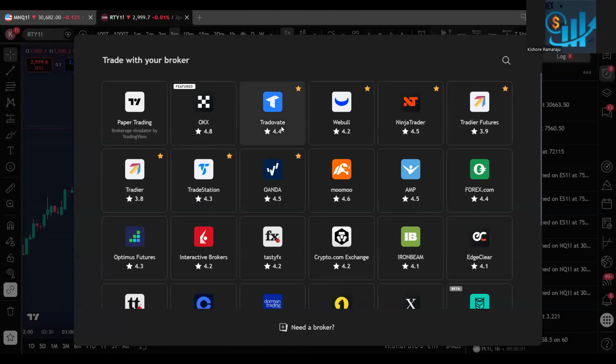If you go here, you can see if you want to trade futures, you can use Ninja Trader, or you can use Webull, you can use TradeStation. Or for funded accounts, you can use Ninja Trader, or even for personal accounts also, you can use them.